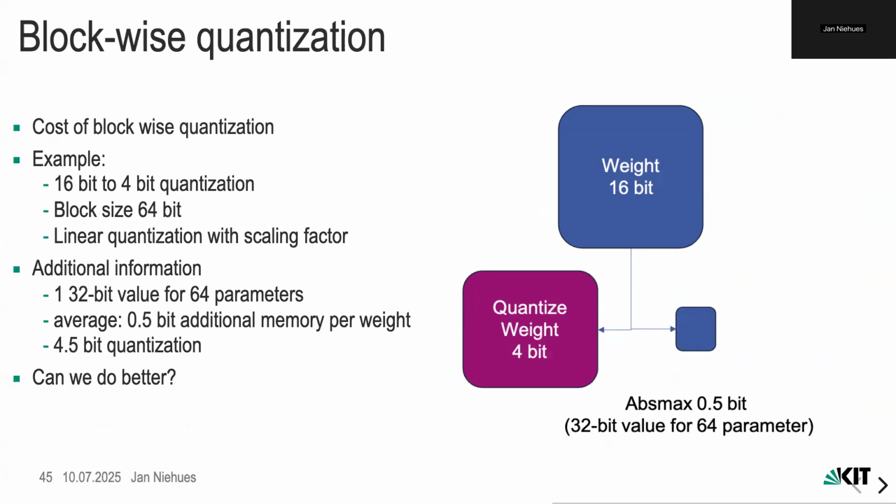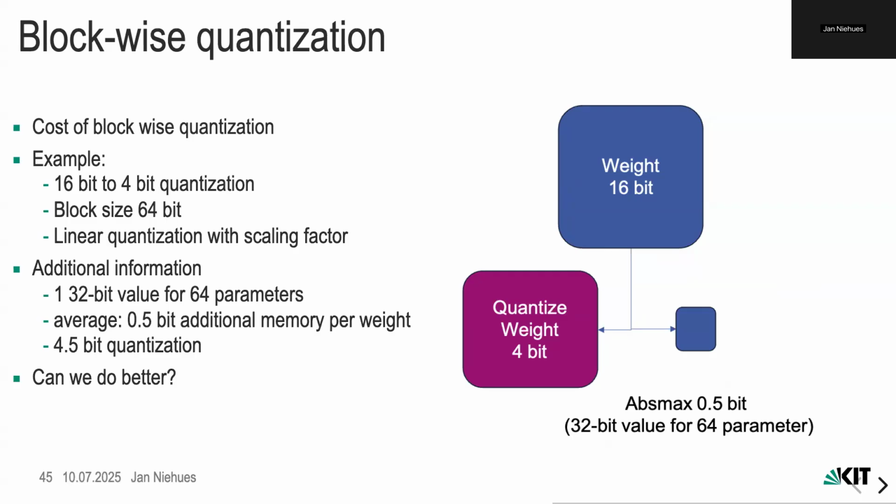We're having a linear quantization, so we have one scaling factor, and the zero mostly works, so we're only storing the one scaling factor, which we store in 32-bit. That means we have one 32-bit value per 64 parameters. That means we have 0.5 bits on average for each parameter additionally.